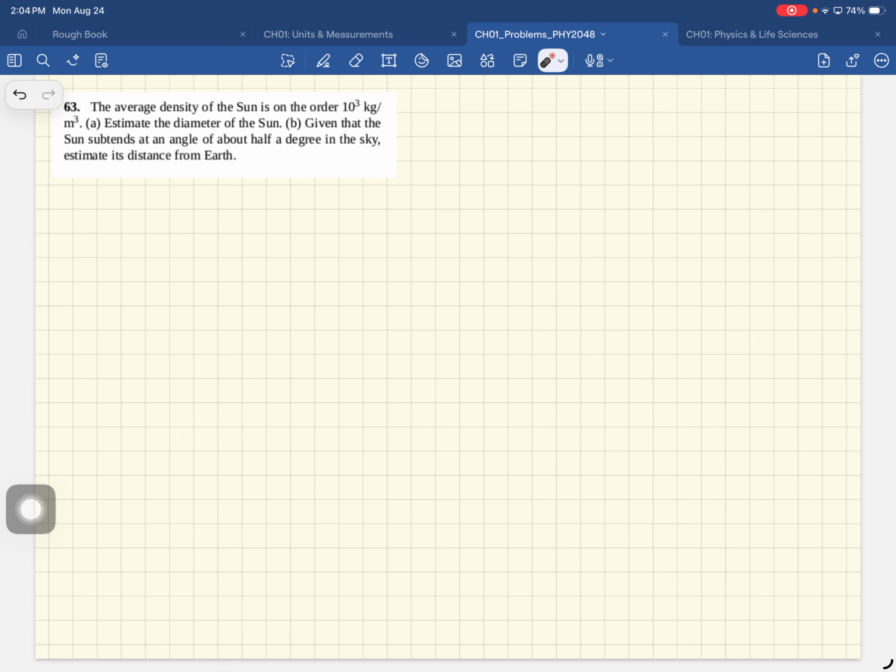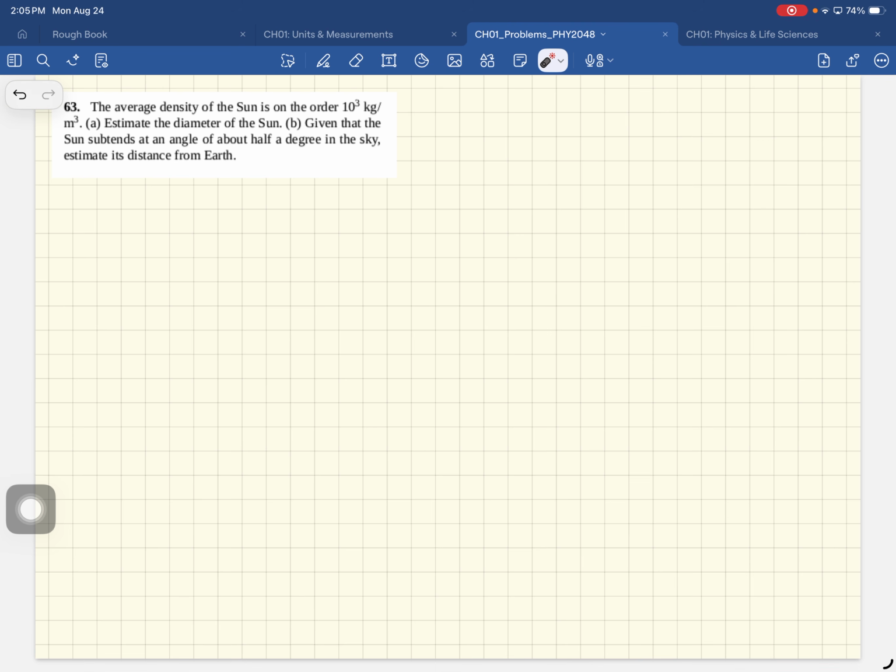Now, you guys know that theta is equal to d, the arc length, divided by the radius. So the Earth-Sun distance is the arc length divided by theta.